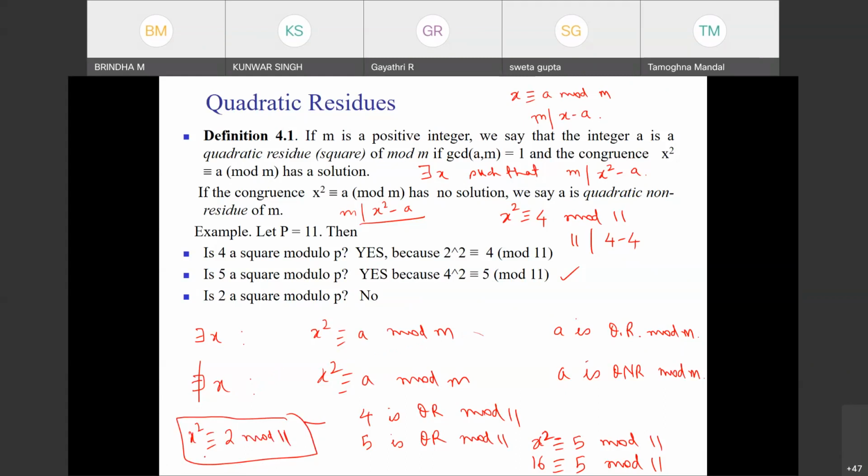You will not get any value of X which will satisfy this equation. So 2 is QNR modulo 11. Is it clear? So what is the meaning of QR modulo M and QNR modulo M? I hope it is clear.